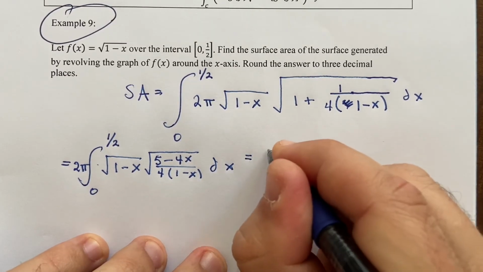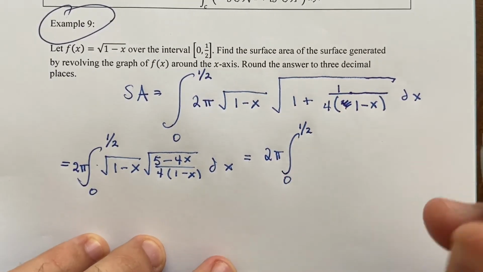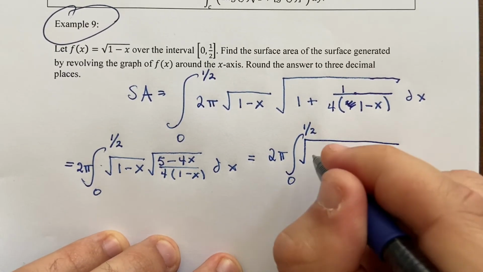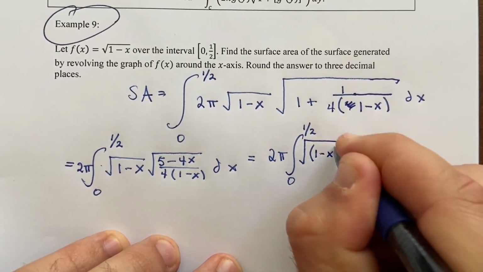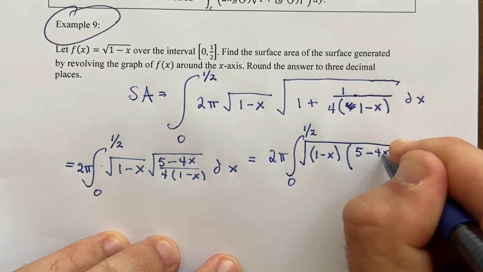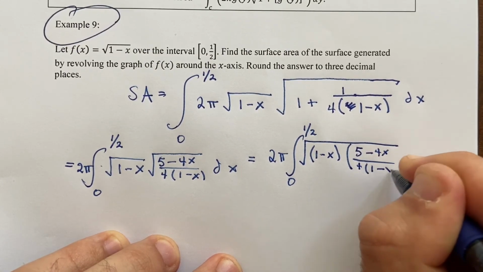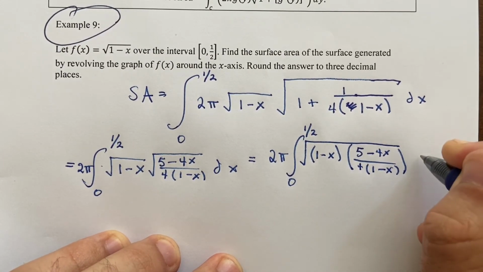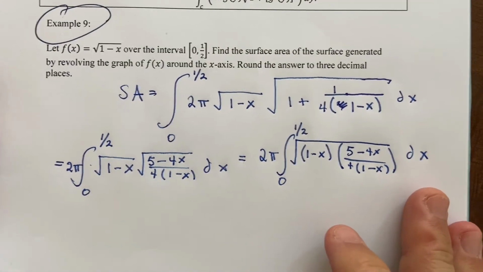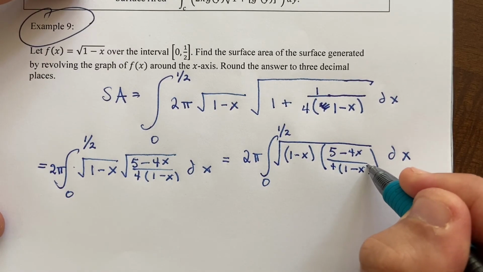So this would be the same as 2 pi, 0 to 1/2, this just one square root of 1 minus x times 5 minus 4x over 4 times 1 minus x dx. And once that is together, these can cancel.